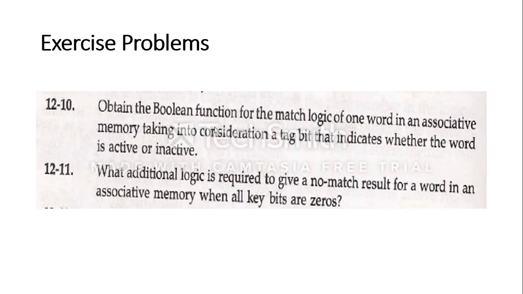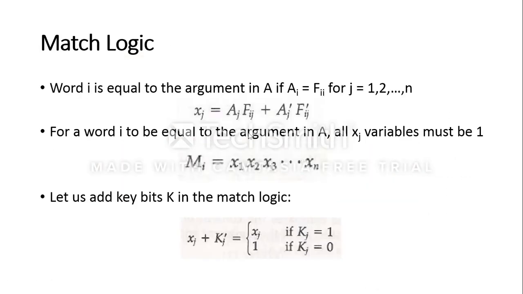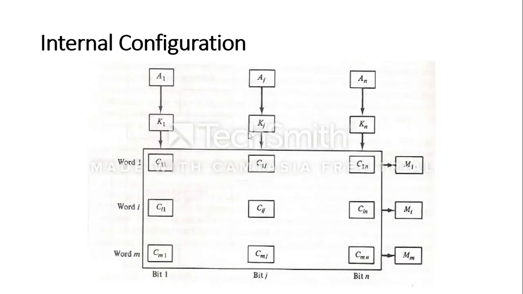Based on this understanding of the associative memory, you will be able to solve these two problems. The first problem is to obtain the Boolean function for the match logic of one word in an associative memory, taking into consideration a tag bit that indicates whether the word is active or inactive. To answer this question, you can have a block diagram.